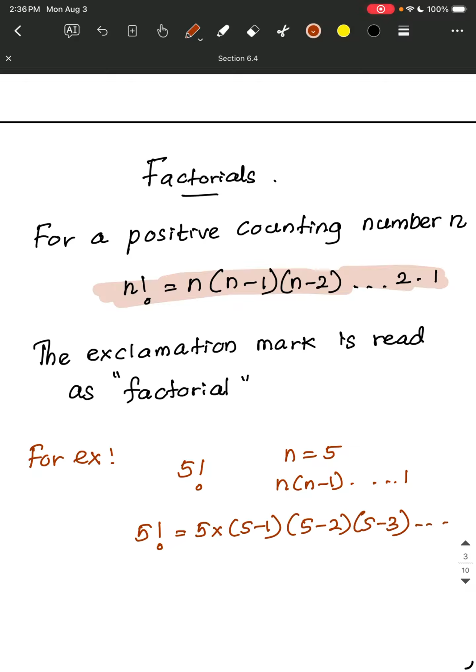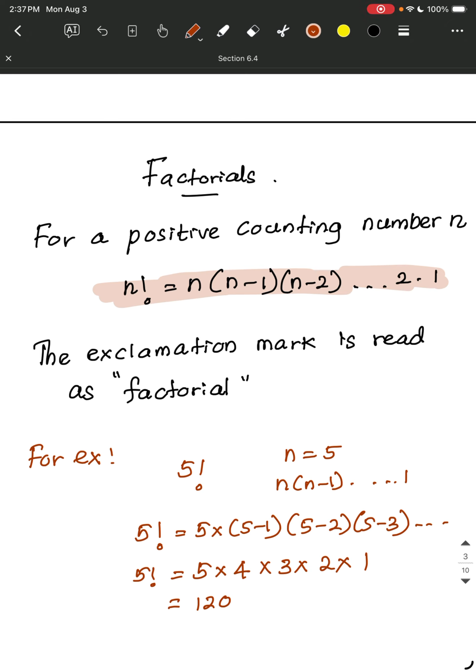Therefore, 5 times 4 times 3 times 2 times 1. So 5 factorial equals 120.